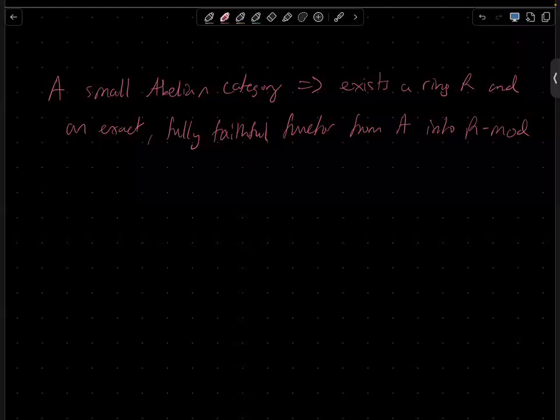So there may not exist any commutative such R. It could be a really messed up R. I personally do not think too hard about these, but this does come up sometimes in some proofs, especially if you're dealing with abelian categories proper.